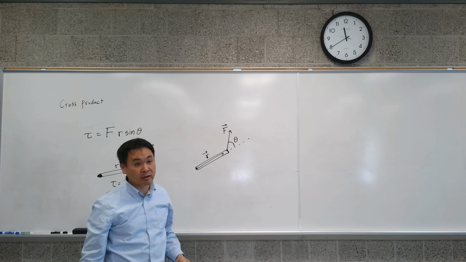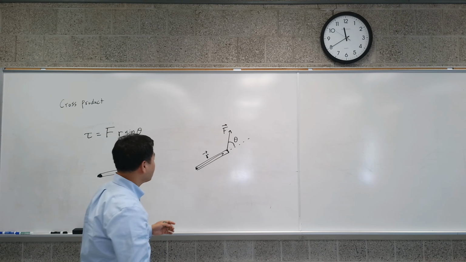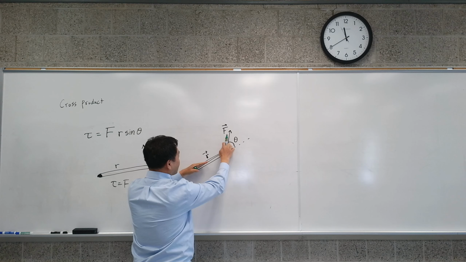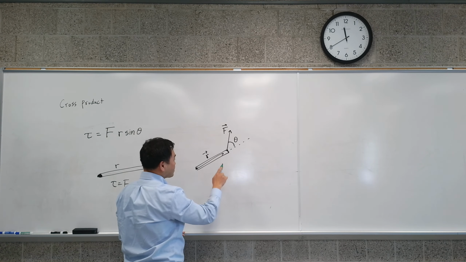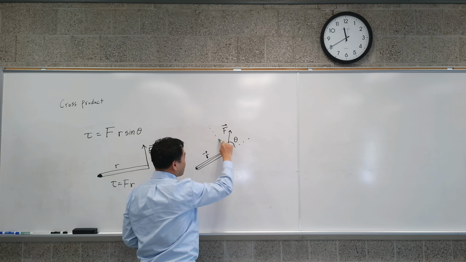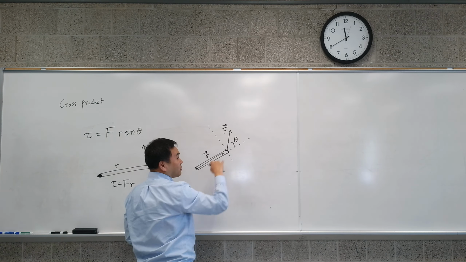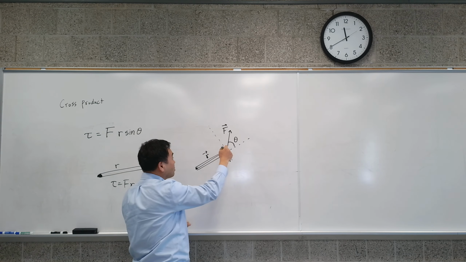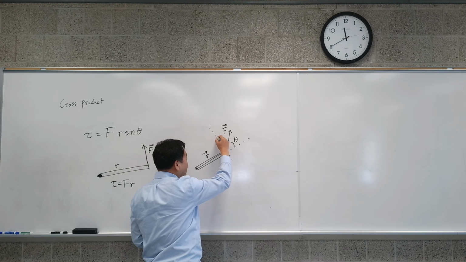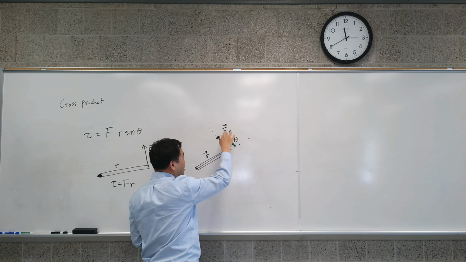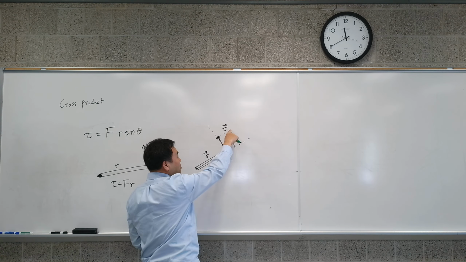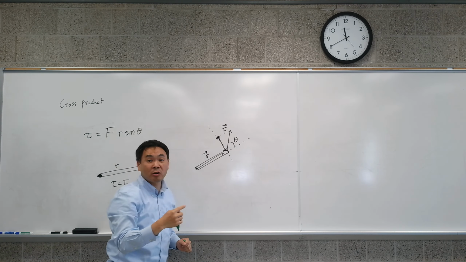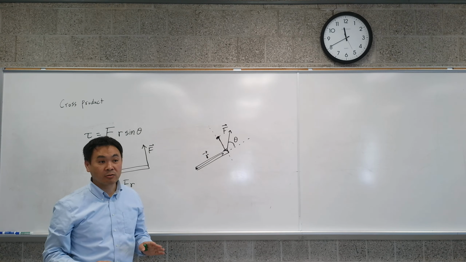But if your force is not acting at 90 degrees, but it's like this, then only the component that's perpendicular to R is really working towards rotating this rod, okay? So you need this component of this force, and note that you're not finding the component in the direction of R, but rather a component that's perpendicular to R. Do you agree? All right.